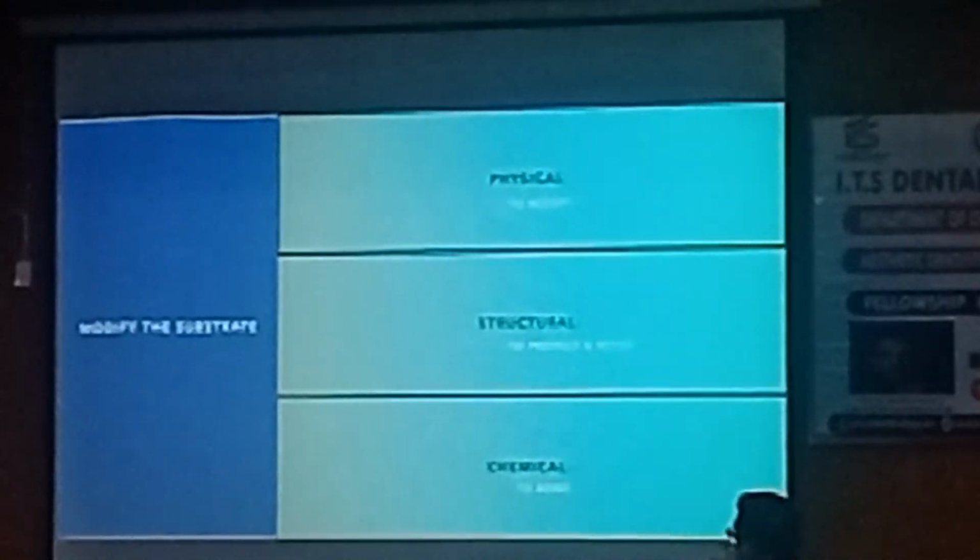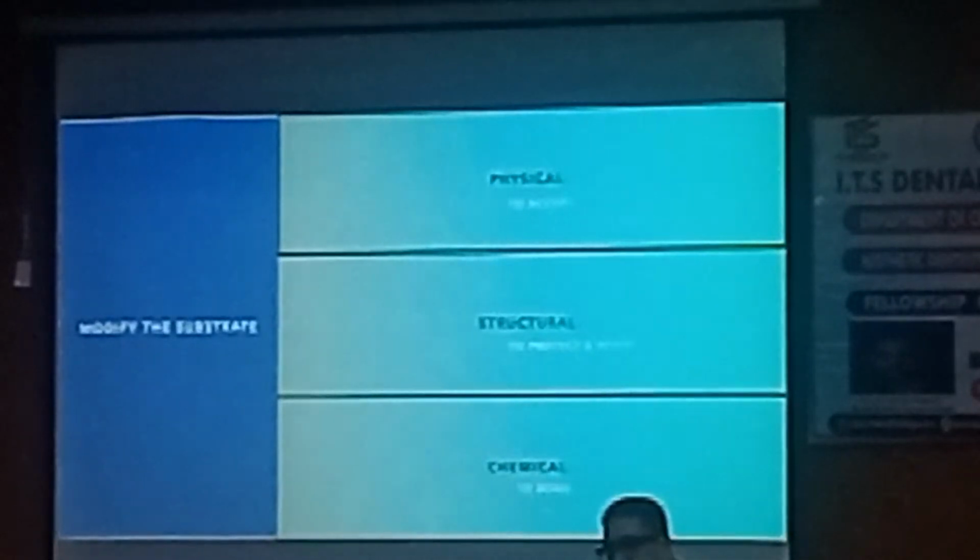Because you are going to apply something on top of it, so you are physically changing the shape of that given tooth structure. Second, structural. Now, you have added composites on top of it. Structurally, you have to modify it so that it is in a proper shape, so that when you put a restoration on top of it, the restoration will also stay on top properly.